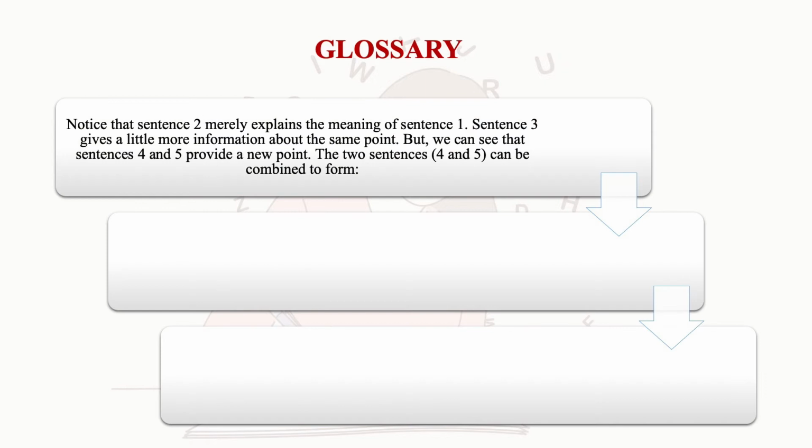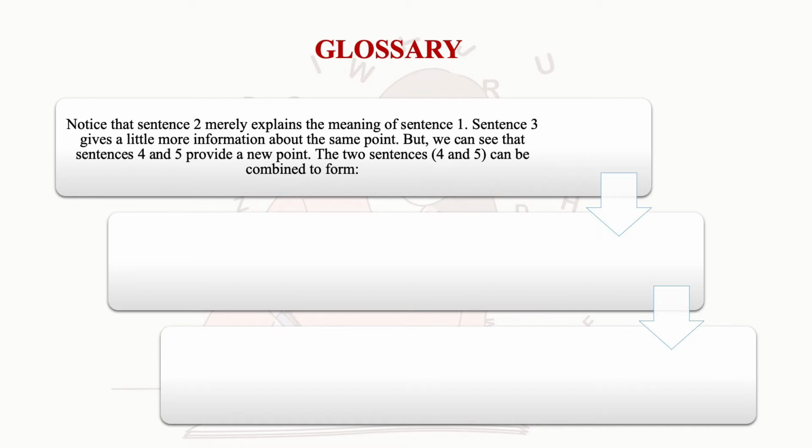Notice that sentence 2 merely explains the meaning of sentence 1. Sentence 3 gives a little more information about the same point. But we can see that sentences 4 and 5 provide a new point.